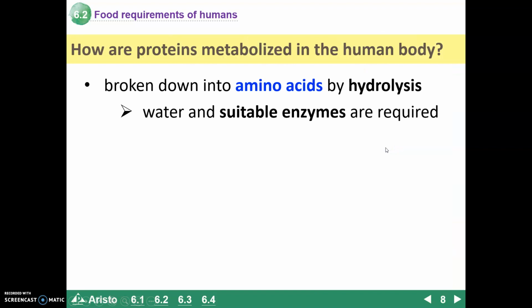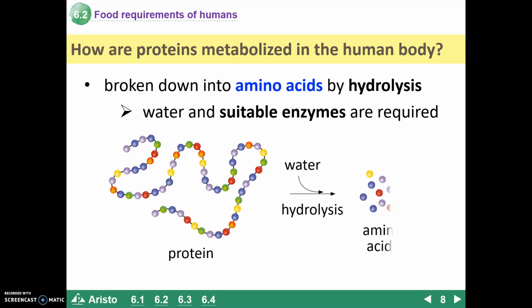So the metabolism is similar to carbohydrates and lipids. Protein is too large to cross the small intestine, so it has to be digested first. We have to hydrolyze the protein by certain enzymes, the proteases, and break it down into amino acids. Of course, this is not done in one step.